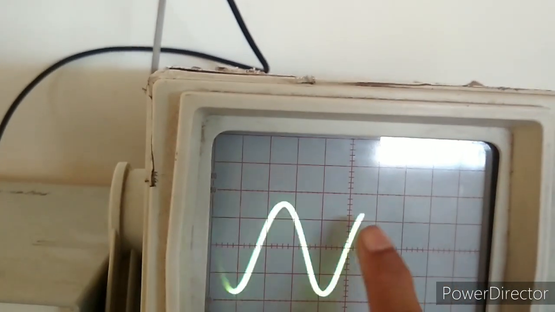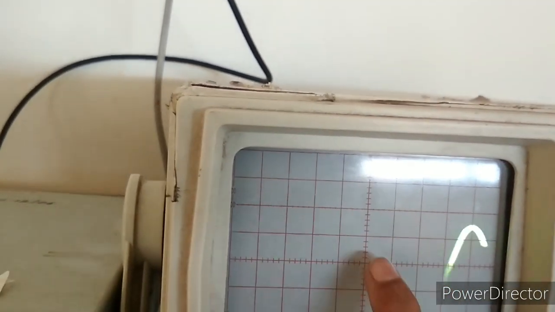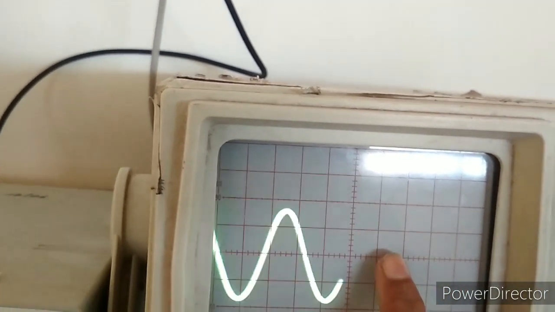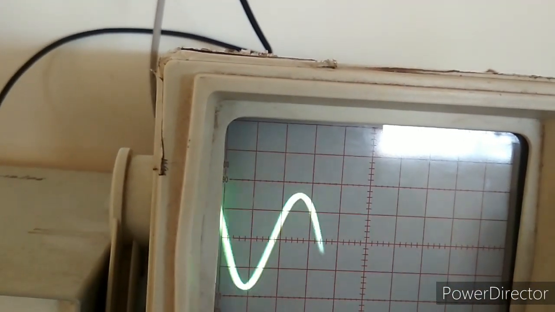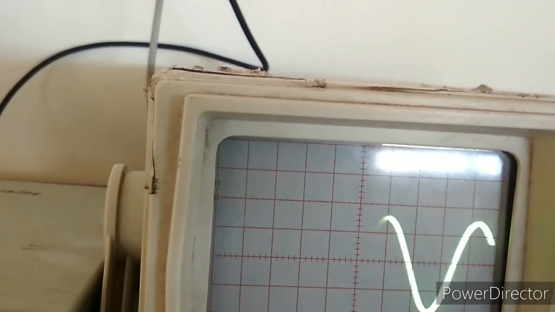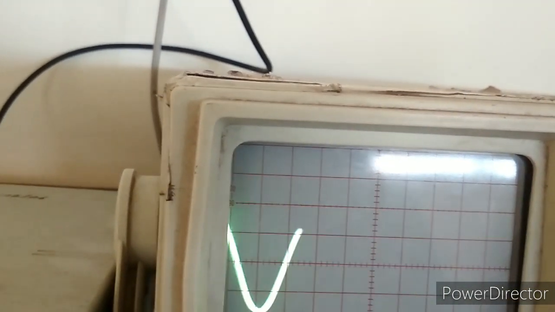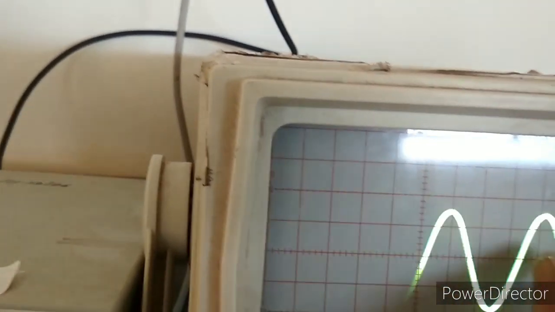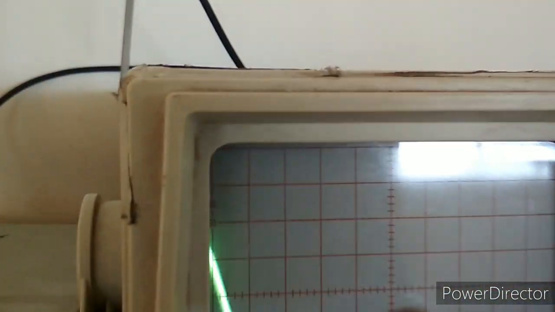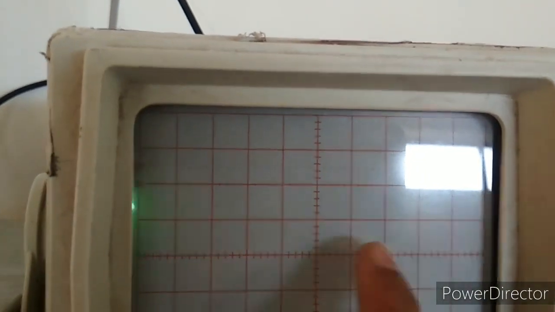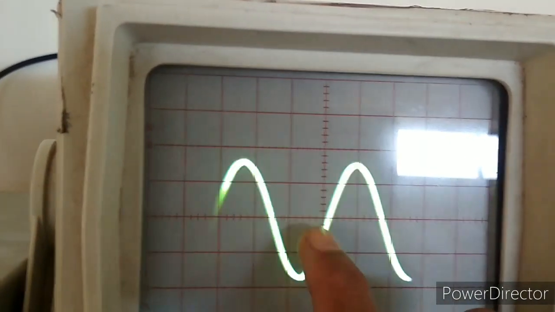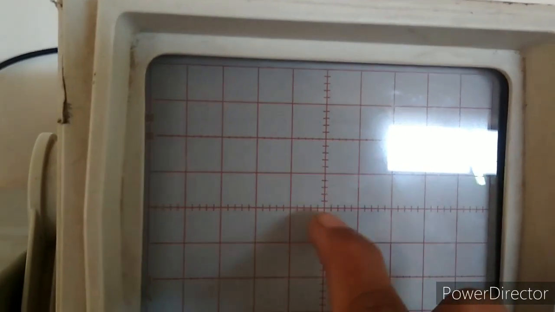How many blocks are there in total? 2 blocks. 2 blocks for the positive half cycle and 2 blocks for the negative half cycle. But these are not complete 2 blocks. For the positive half cycle there are 2 blocks, meaning there are 10 divisions, 5 plus 5, so these are the 2 blocks.